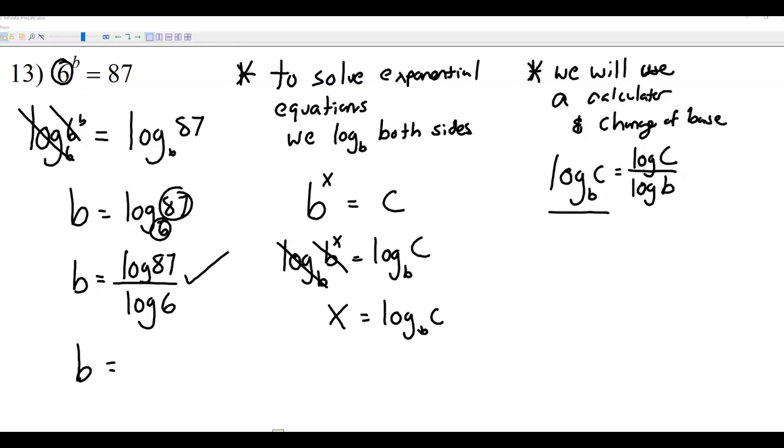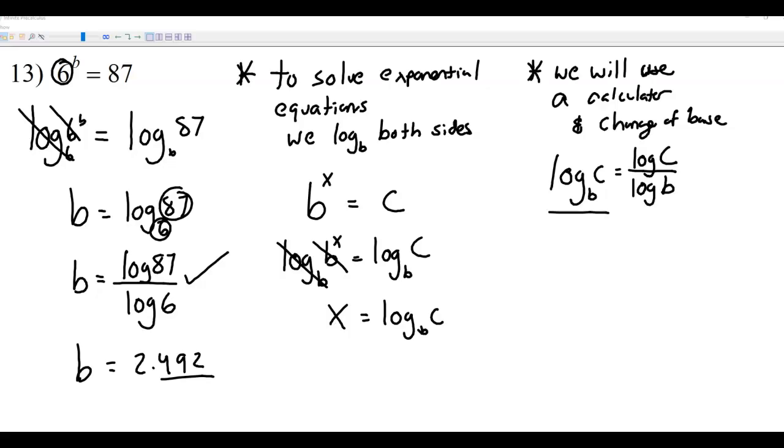I'm going to do log 87 divided by log of 6, and I get 2.492. It's good to maybe round to at least the thousandth place. Log and exponential functions are pretty sensitive, so you want to be as precise as possible. I think going to the thousandth place is probably good.